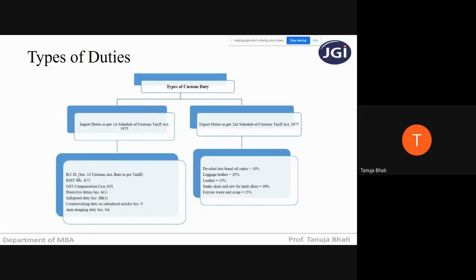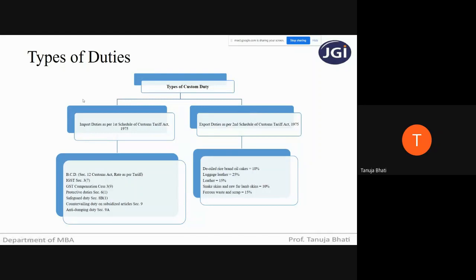You can take the standard rate, and a preferential rate is also available, but only when you fulfill certain conditions: if the importer is manufacturing or producing in the preferential area, and at the time of importation he specifies a claim for the preferential rate, then only will he get it. The preferential area cannot be notified by you or me. It should be notified by the central government. So this is BCD, and BCD is calculated on the value of goods being imported.